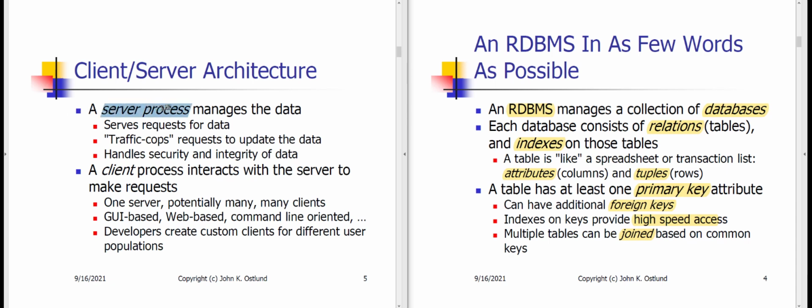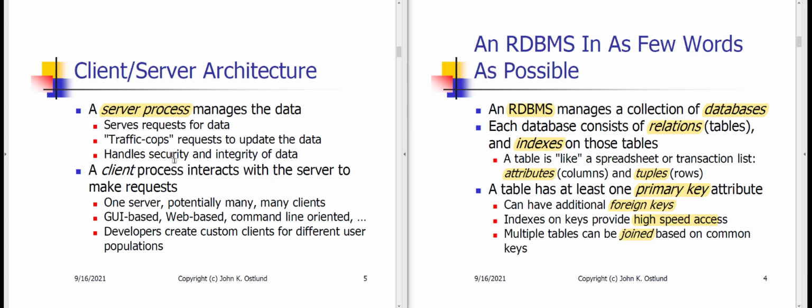Now, in terms of the program that supports all of this stuff, the relational database management system has a server process. That server process may spawn subsidiary servers that handle interactions with individual databases within the overall relational database management system.